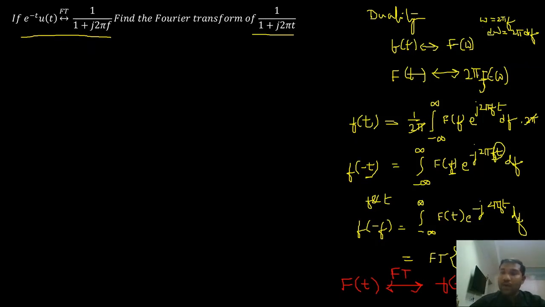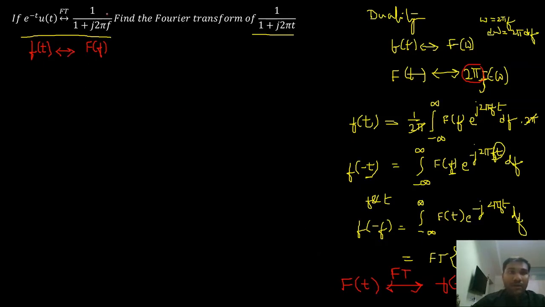The 2 pi and this 2 pi will vanish. Now let me consider my small f of t and this is my capital F of f, right? By duality theorem, we have capital F of t has the Fourier transform f of minus f.